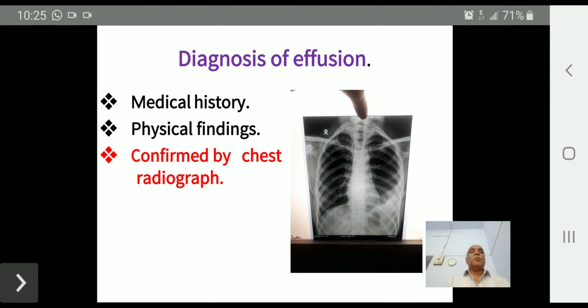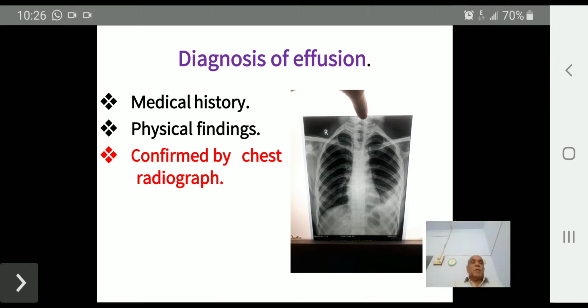The diagnosis of effusion is very easy. We can diagnose effusion by clinical examination. The patient has dry cough, then progressive breathlessness, and symptoms of the underlying disease, and it is confirmed by chest radiography, X-ray.